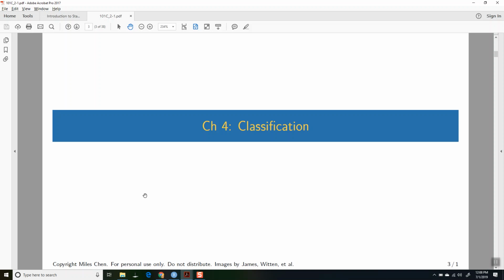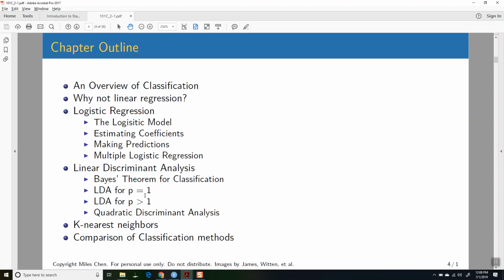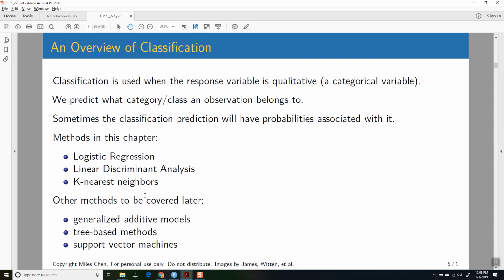So anyway, we're in chapter 4, classification. This is basically the table of contents from the book. The big idea is that our response variable is a categorical variable. Last week we looked at linear regression, where the response variable is numeric.